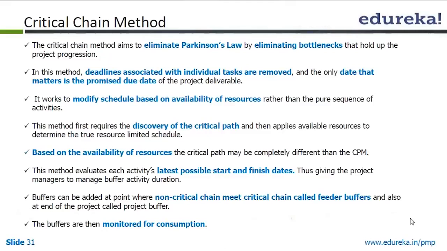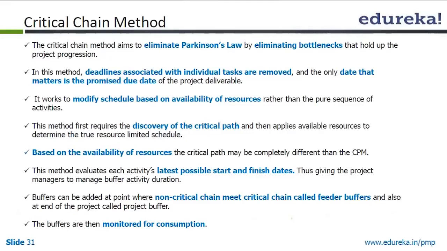We have looked at the critical chain method, which we explained at the beginning of the session today. It aims at eliminating Parkinson's law and student syndrome. It also eliminates bottlenecks that hold up the project progression. In this method, deadlines associated with individual tasks are removed, and the only date that matters is the promised due date of the project deliverable.